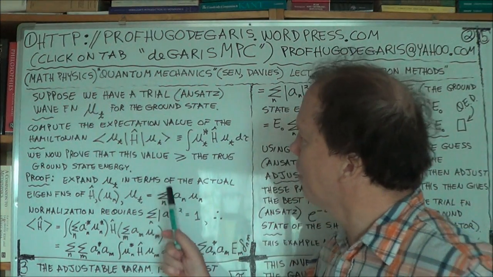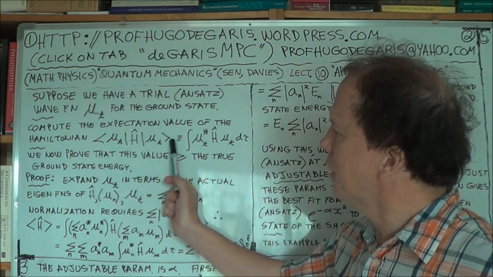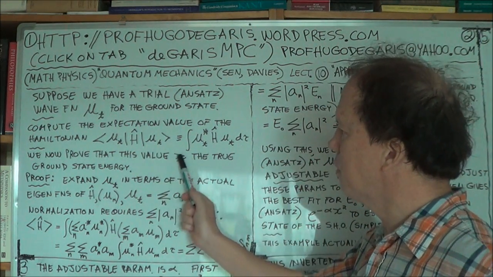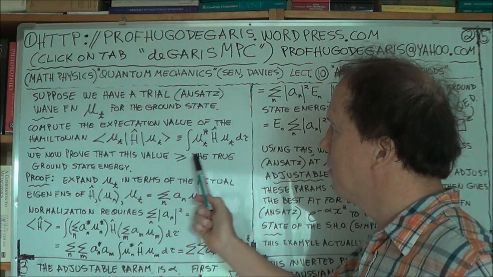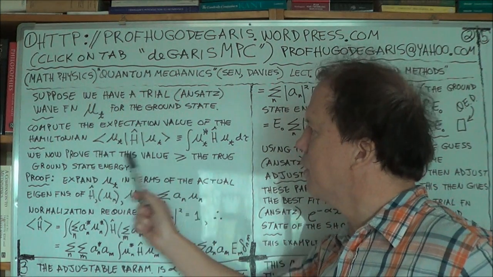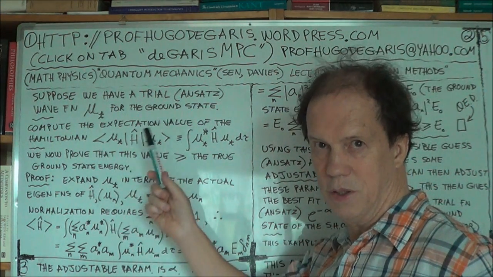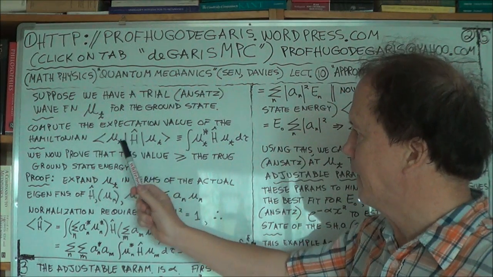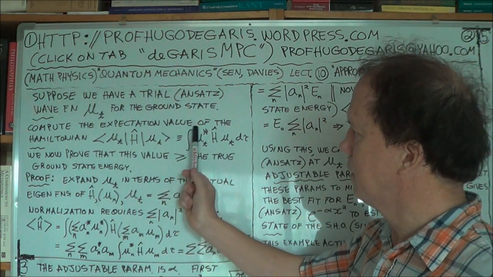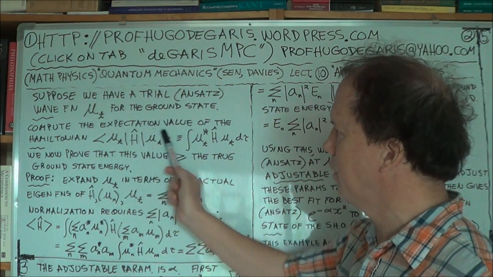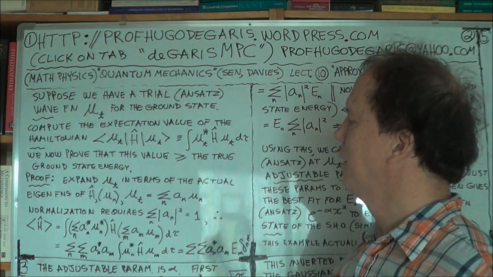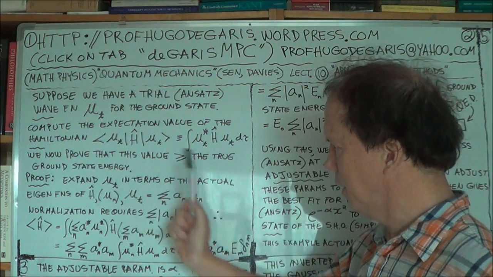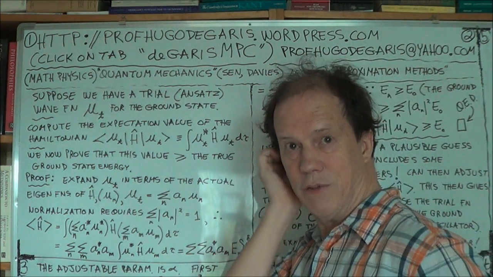All right. Back to the actual proof. Now, what are we trying to show? We're trying to show that this expectation value has to be greater or equal to the real ground state energy. In other words, E naught. So we have to calculate this and show that it is greater than the ground state energy. That's the strategy of the proof.